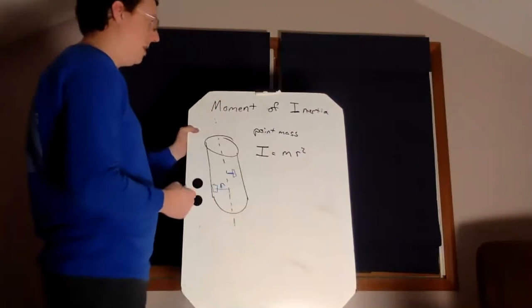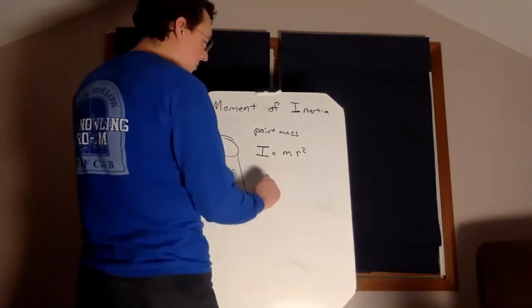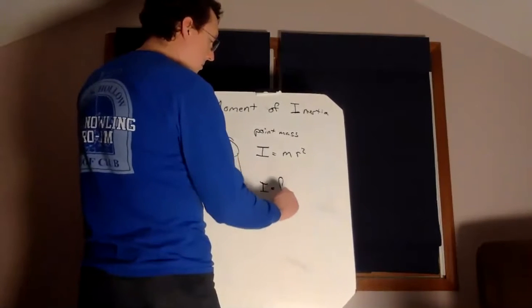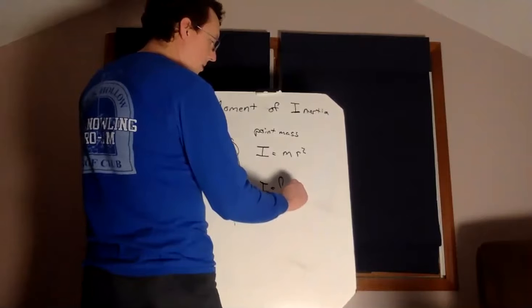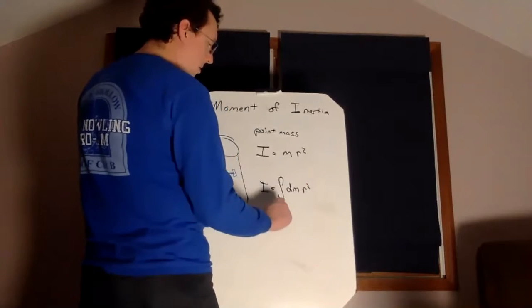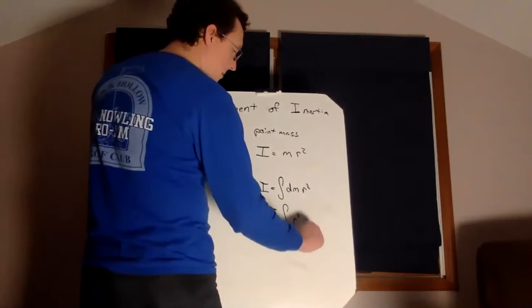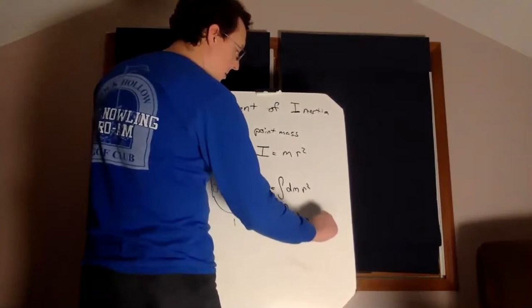That's for just a point mass. But if you have a 3D shape, it actually equals the integral of, you can write as dm r squared, or you can write it as the integral of r squared times rho dV.